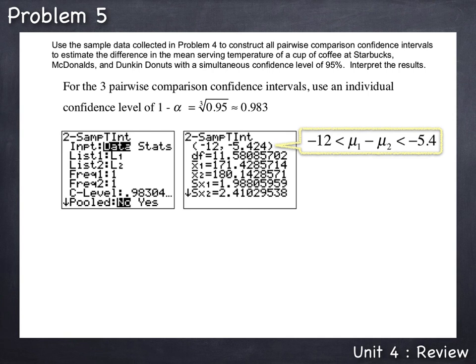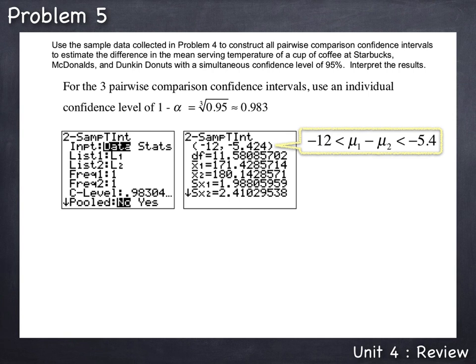In this case, we could round the -5.424 to the nearest tenth of a degree Fahrenheit and get -5.4. So here, the first pairwise comparison confidence interval can be written as mu1 minus mu2 in between the less than signs, and -12 on the low end and -5.4 on the upper end.